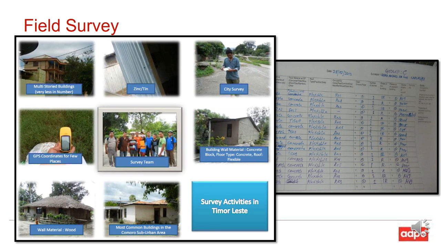So on the exposure assessment, we need to do field survey to verify the present condition in field. This is one of the examples I did in Timor-Leste in 2013, remember?